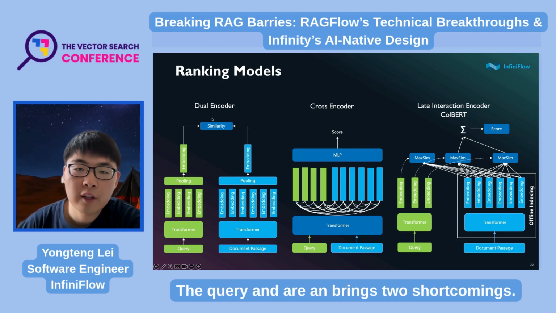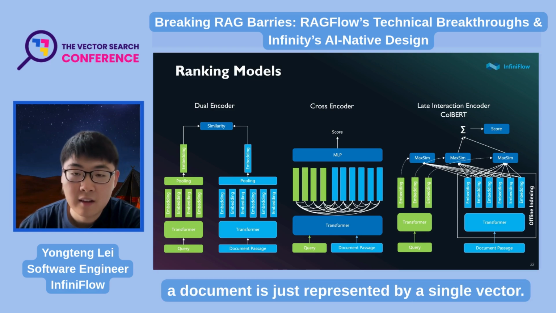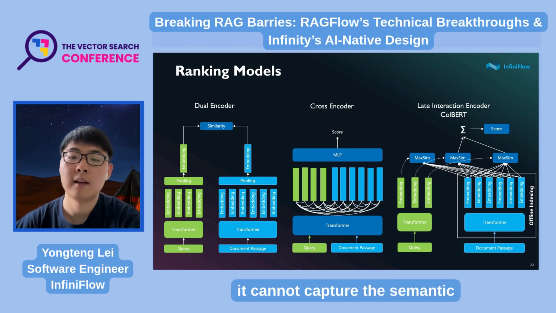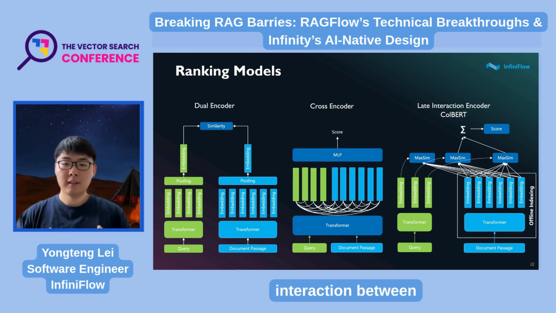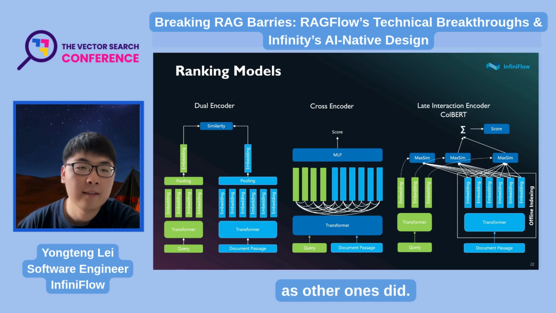This brings two shortcomings. First, it brings semantic loss, since a document is represented by just a single vector. And second, it cannot capture the semantic interaction between query tokens and document tokens as other ones do.